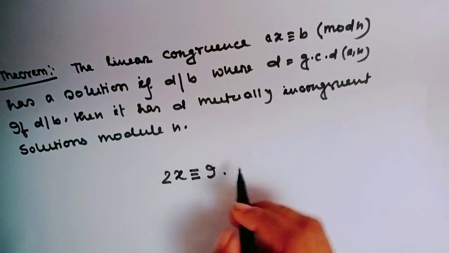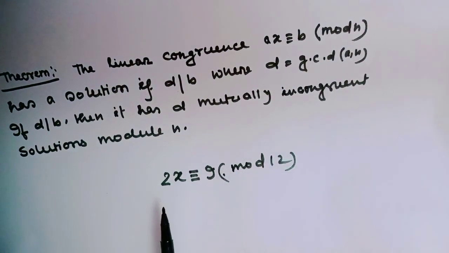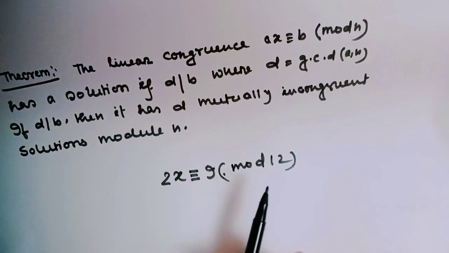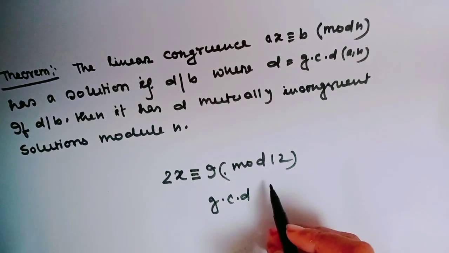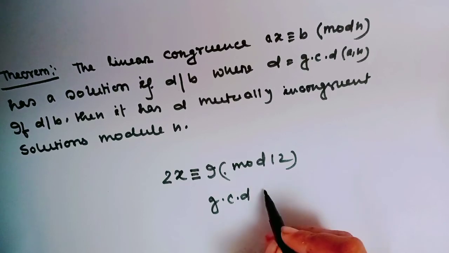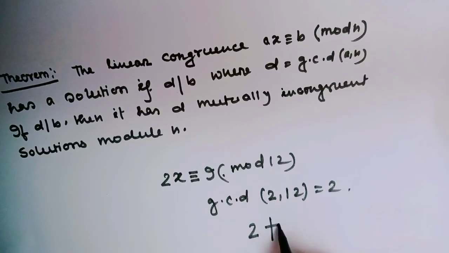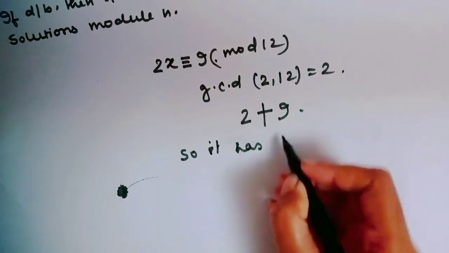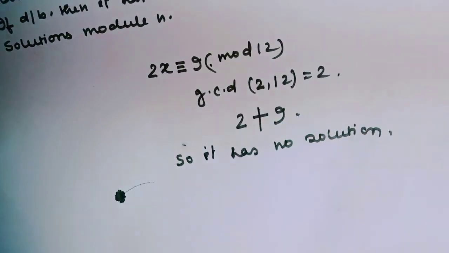Okay. In the previous example, 2x ≡ 9 (mod 12), the GCD of a and n, that is 2 and 12, equals 2. 2 does not divide 9. So it has no solution. Okay? Right.